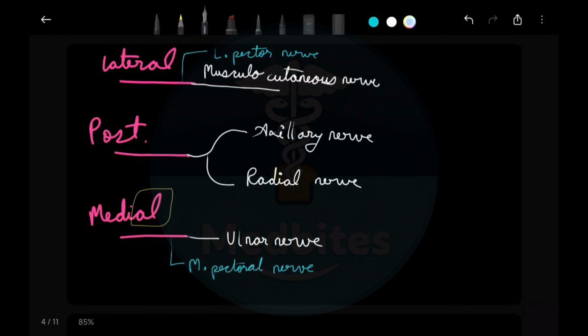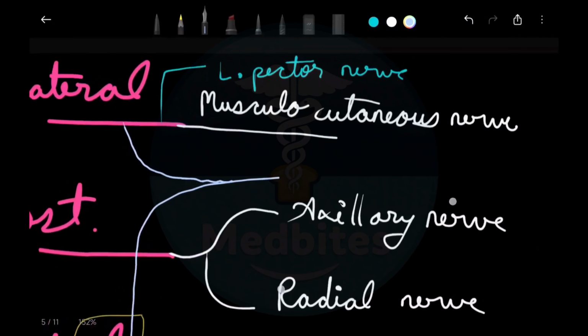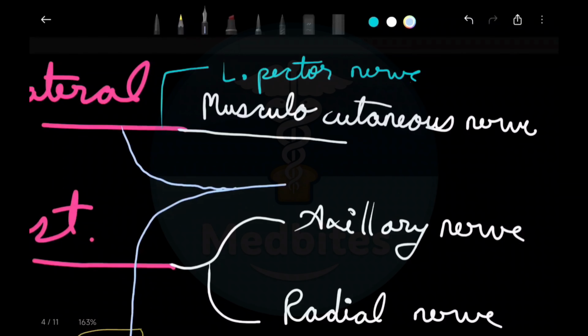In addition to this, the lateral and the medial cords will give rise to the lateral part of the median nerve and the medial part of the median nerve, and these will join to form the median nerve. M-E-D-I-A-N, median nerve.